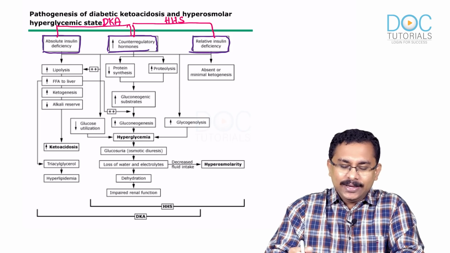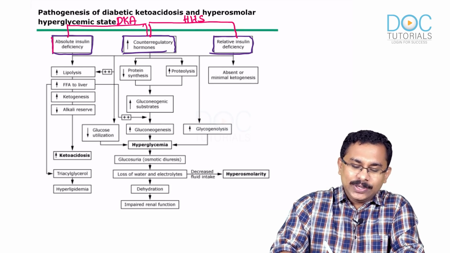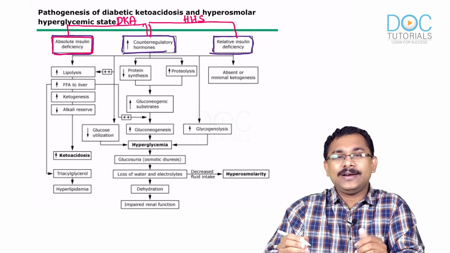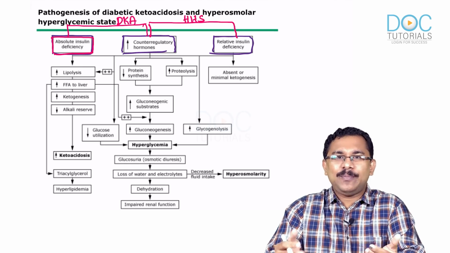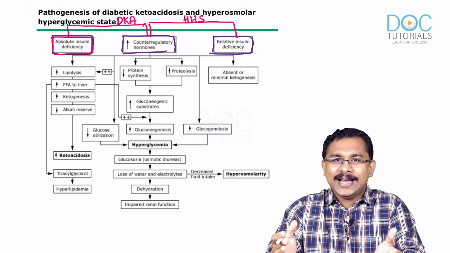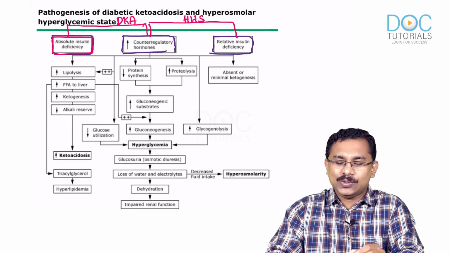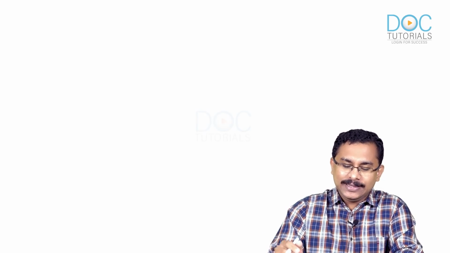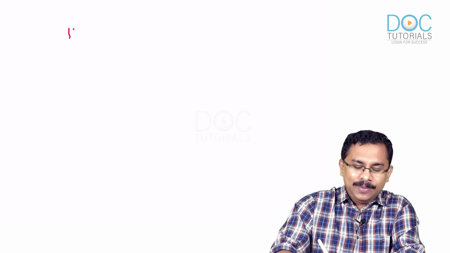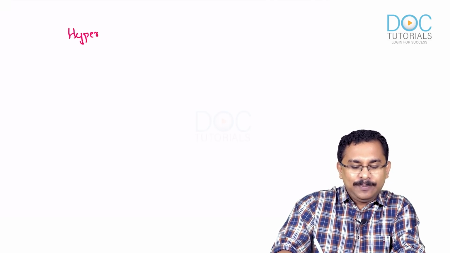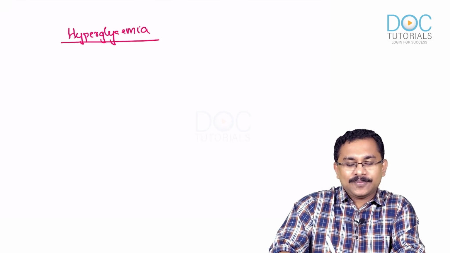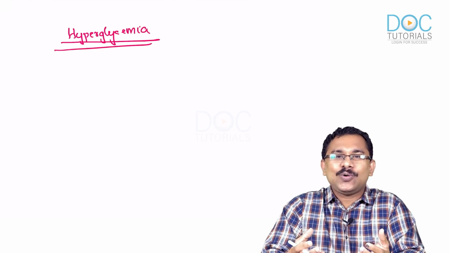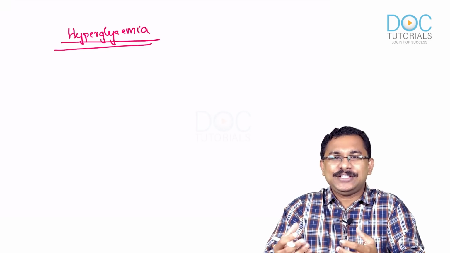In DKA, there is often an absolute insulin deficiency. When there is an insulin deficiency, there is hyperglycemia, increased blood glucose. But what is the problem? You have a patient with hyperglycemia, so plenty of glucose is there in the blood. But can this glucose be utilized by your tissues?